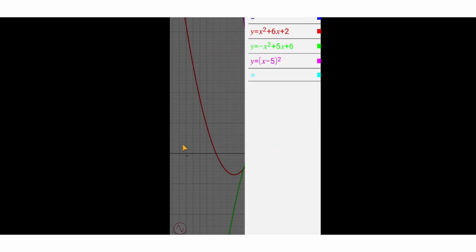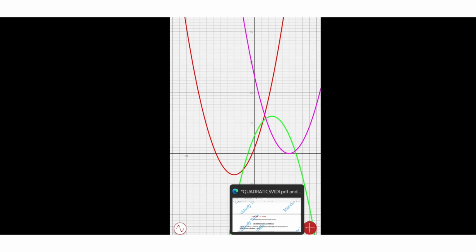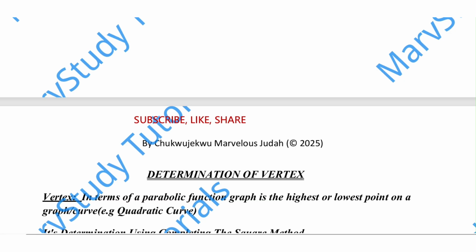I said it could be maximum or the minimum. So this maximum point, that highest point, is the vertex. It's a point. It's a coordinate. So how do we determine it? It's totally connected to what you have been learning from the beginning part of this video. How do we express it in the completed square form?